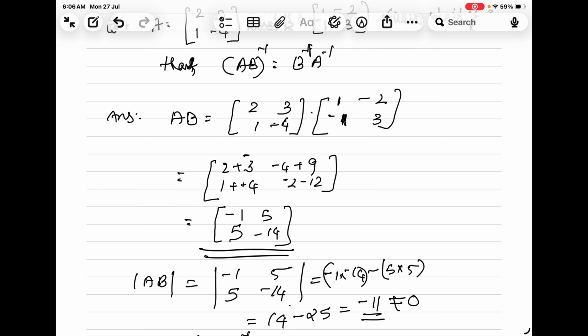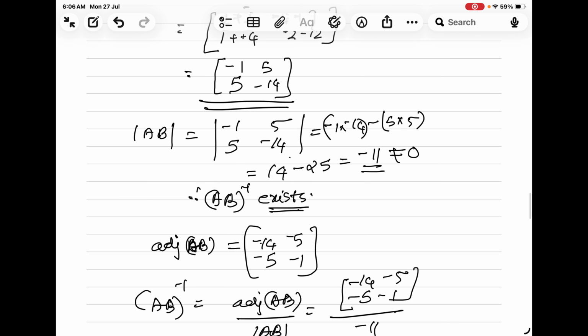Then determinant AB equals determinant negative 1, 5, 5, negative 14, equal to negative 1 into negative 14 minus 5 into 5. That is 14 minus 25 equal to negative 11, which is not equal to 0. Then AB whole inverse exists. Adjoint AB equals negative 14, negative 5, negative 5, negative 1.